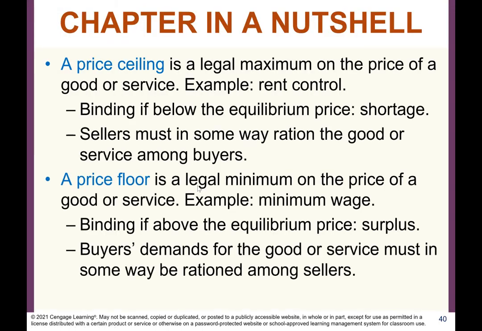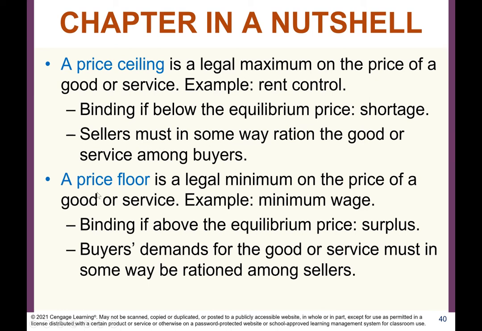Chapter in a nutshell. A price ceiling is a legal maximum on the price of a good or a service. An example is rent control. It is binding if it is below the equilibrium price, and a shortage will result. Sellers must in some way ration the good or service among buyers.